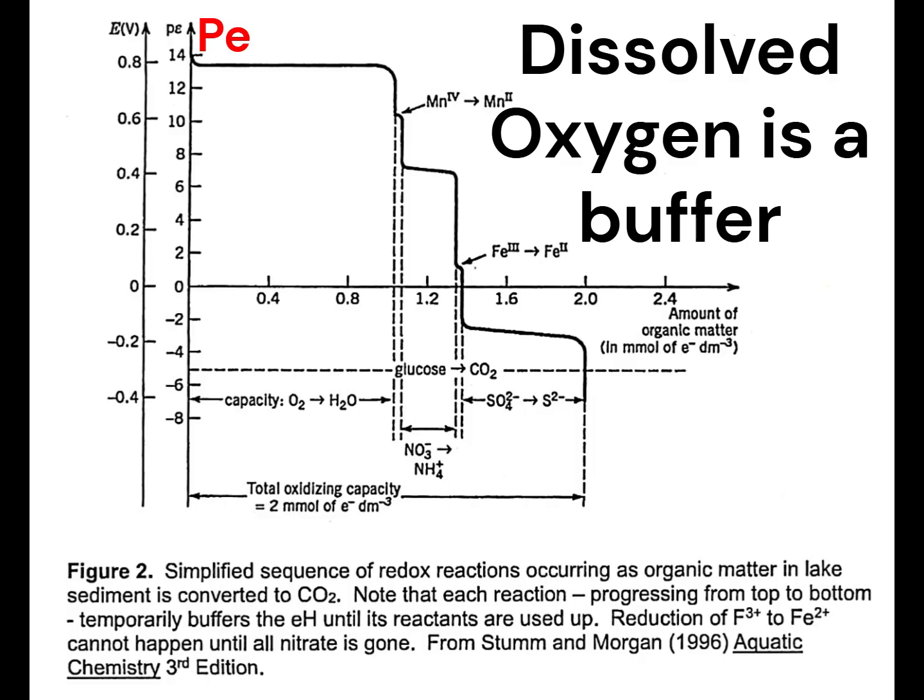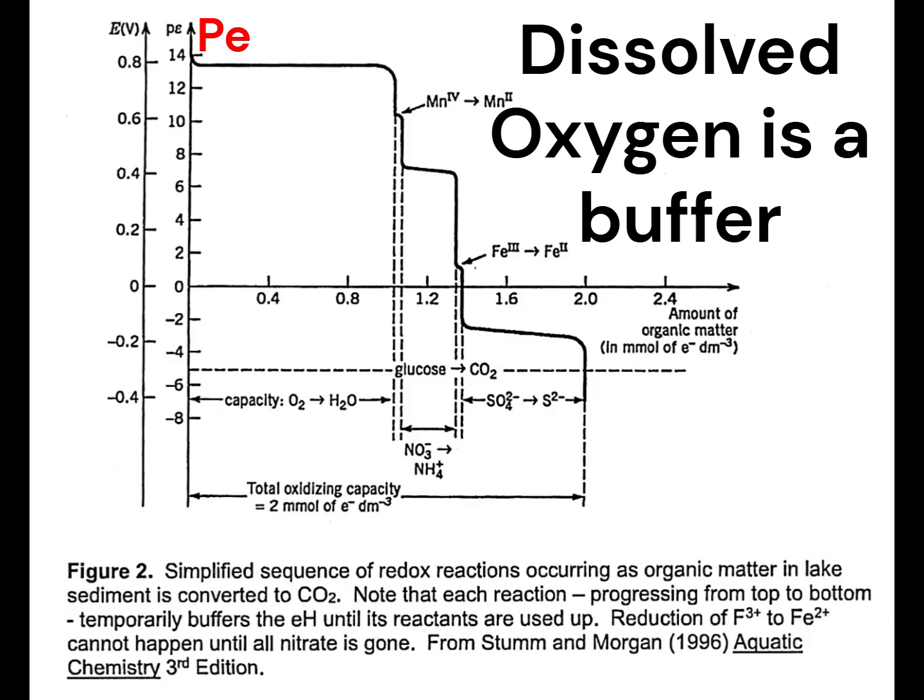In this case, we're reducing manganese. And there's usually not that much manganese present, so that's not a very long step in the process. And then things are going to drop again. Each time you use up one of the oxygen suppliers, you drop to a new buffered condition.